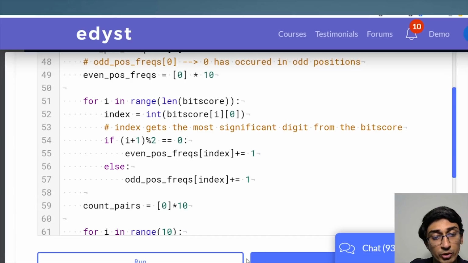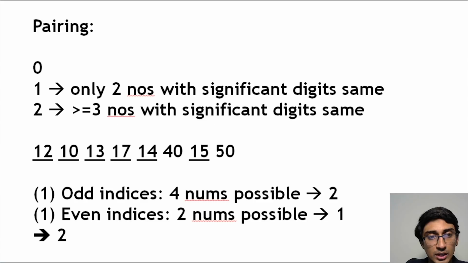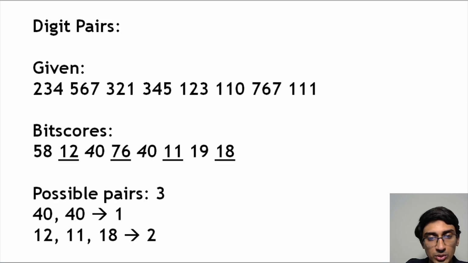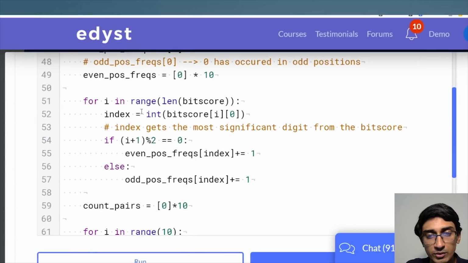So again, to refresh your memory, what we said was, depending on the bit scores, we will take the most significant digits and count the frequency of each of them, right? We'll count it separately for the odd positions and separately for the even positions. So coming back, this is what we are doing.